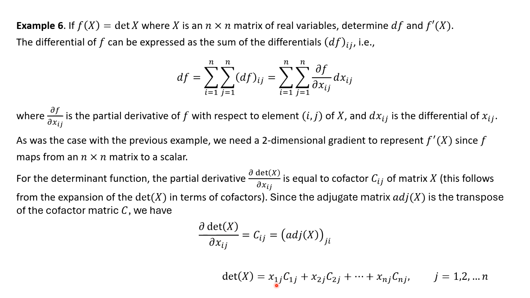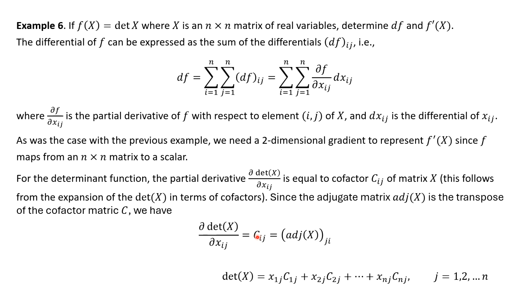So for example, if we wanted to take the partial derivative of the determinant of x with respect to x21, we would use this column 1. Then you would have a 1 here for all the j's, and when you take the partial derivative, everything is 0 except this term here, which just gives us c21.